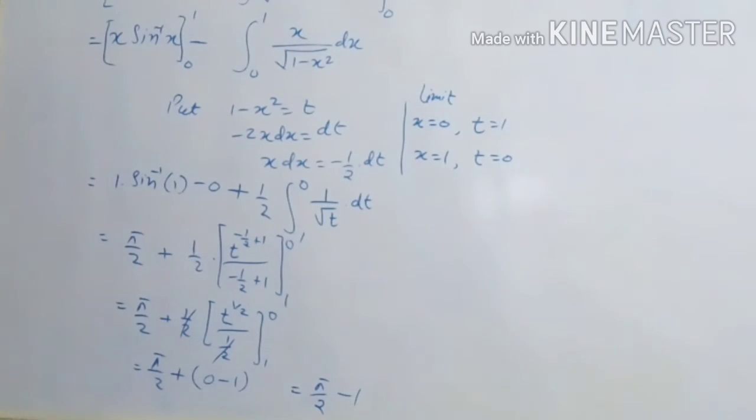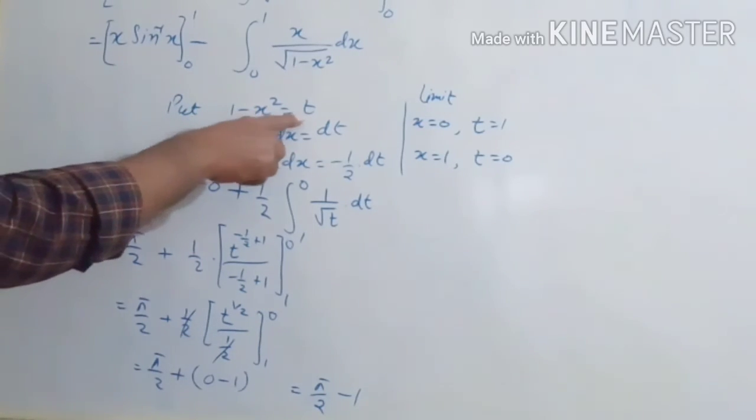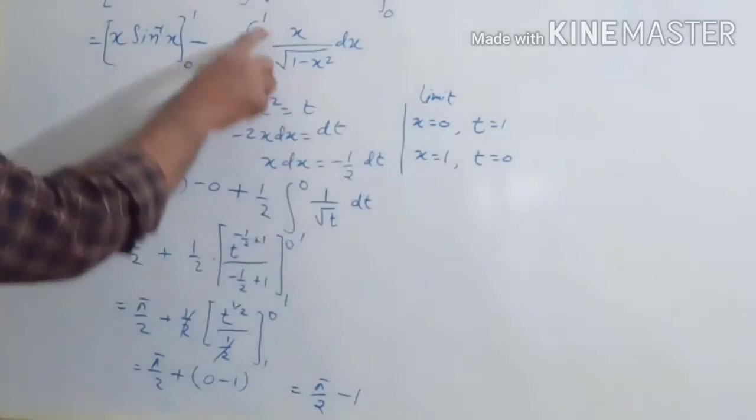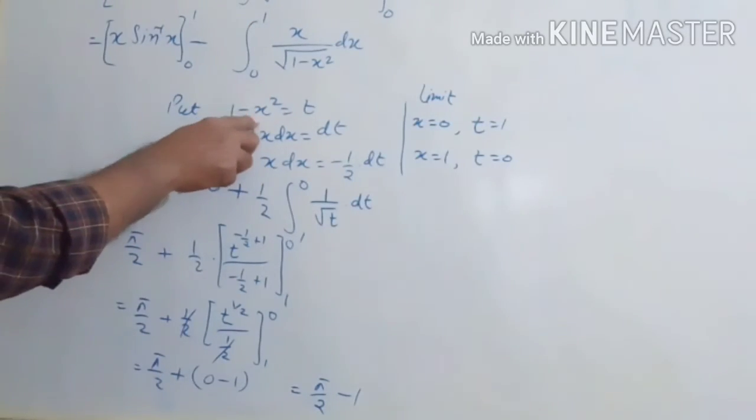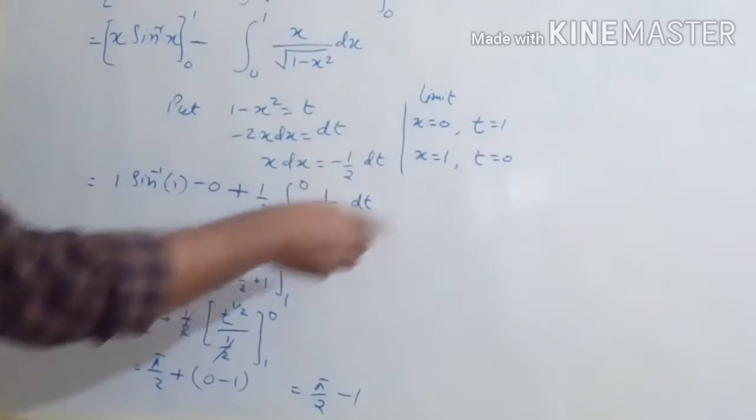Also change its limit. When x equals 0, 1 minus 0 means only 1, so t is equal to 1, and when you put x equal to 1, 1 minus 1 is 0, so t is equal to 0. So the new limit is 1 to 0.